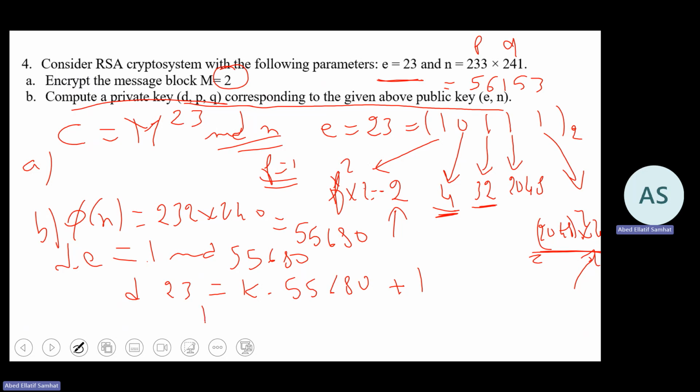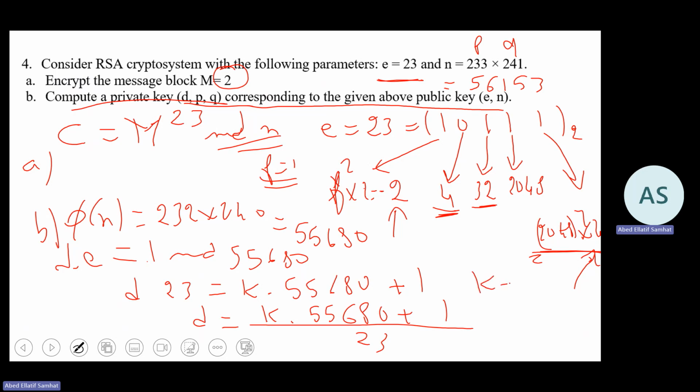So typically D is the integer number equal to (55680 plus 1) over 23. We should take the different values. For k equal to 0, it's not okay. For k equal to 1, it's not okay.